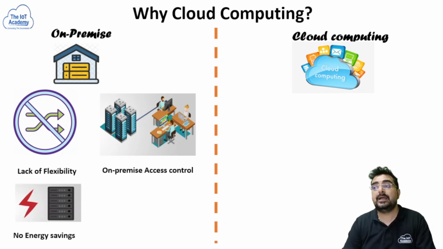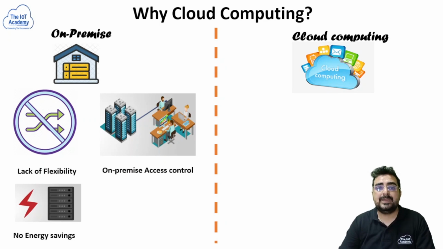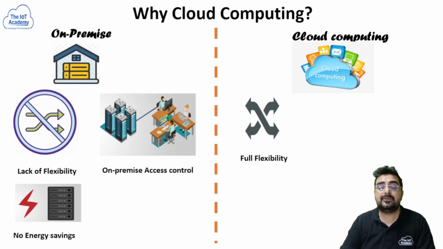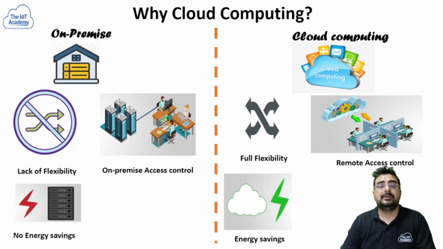Same, there is no energy saving, because servers we have to run 24 by 7. So there is no energy saving. We have to spend a lot on energy, on power. And in cloud computing, there is full flexibility. Remote access control is also available. We are not purchasing any hardware, so we are not purchasing any servers, so there is also energy saving.